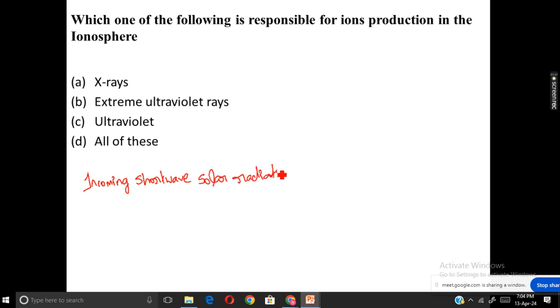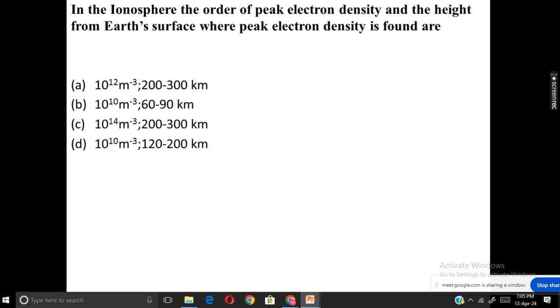It could be X-rays, extreme ultraviolet, or ultraviolet. So in this case, the answer will be all of these. All these three could be responsible for the production of ions in the ionosphere.